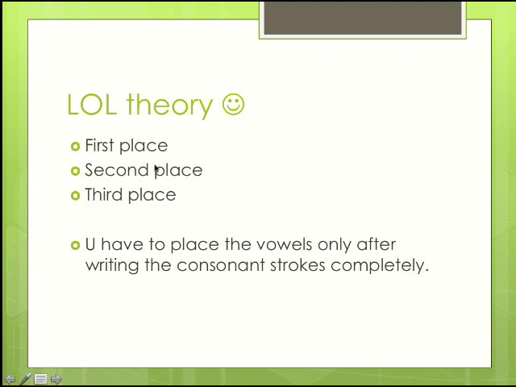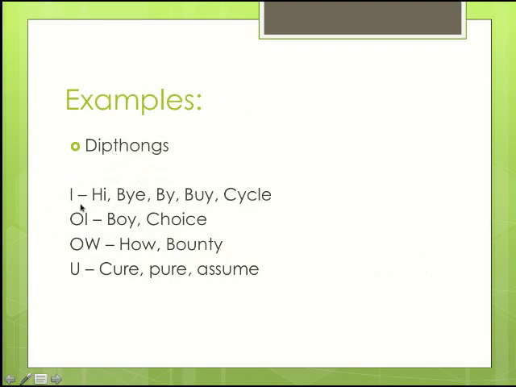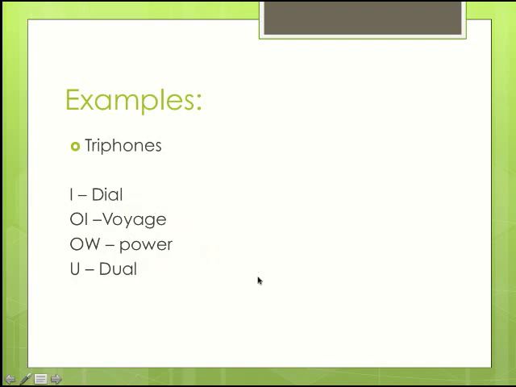You have to place the vowels only after writing the consonant strokes completely. Diphthong examples: hi, bye, cycle, I, boy, choice, how, bounty, you, cure, pure, assume. Triphones: dial.